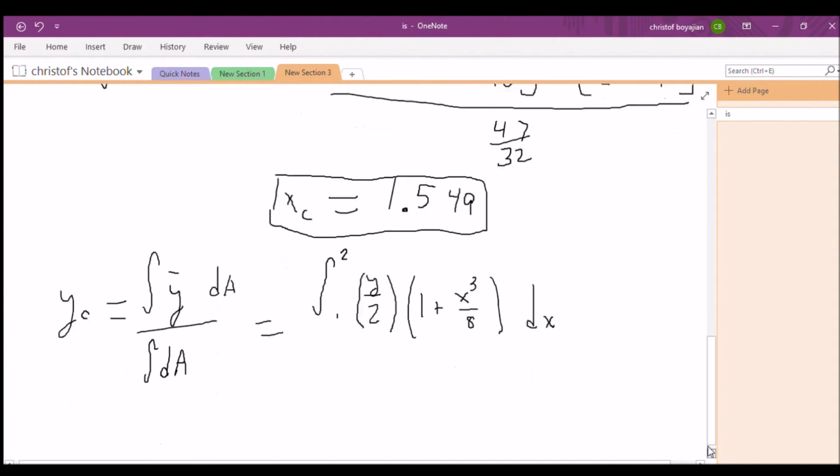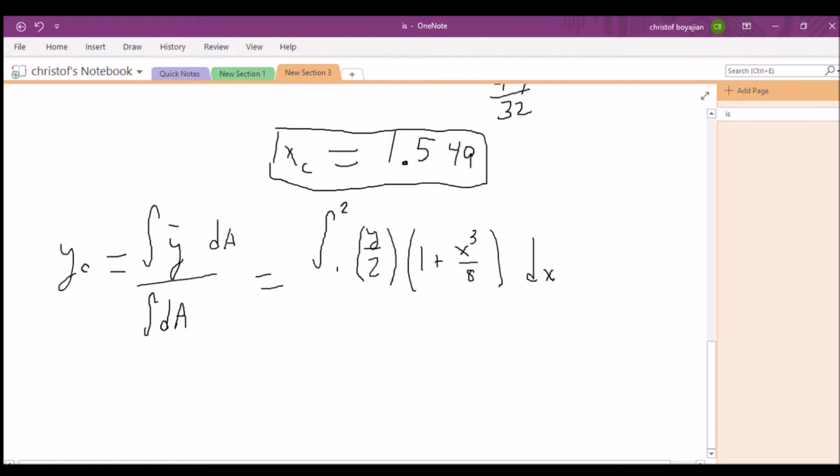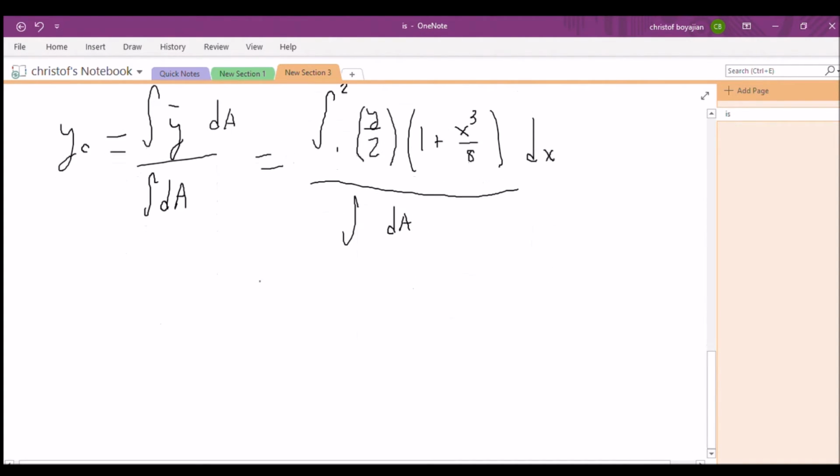Now we want to replace this y in terms of x because we have two unknown variables here. We need to have one unknown variable. Now let's put our integral of dA on the bottom. So y, remember we said, is 1 plus x cubed over 8. So let's go ahead and plug that in.